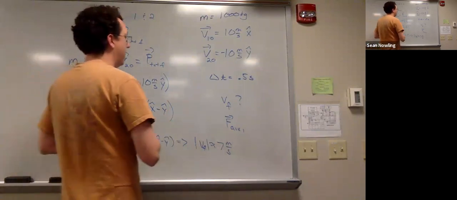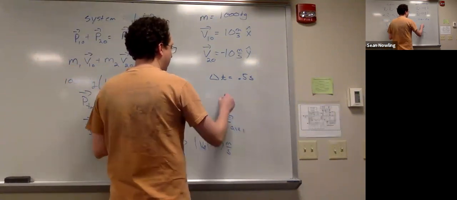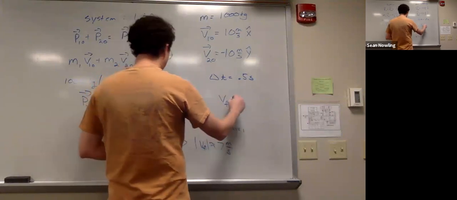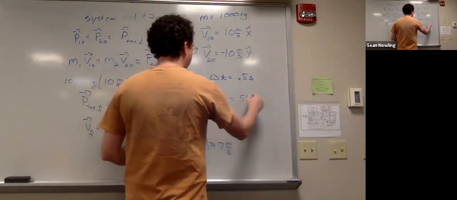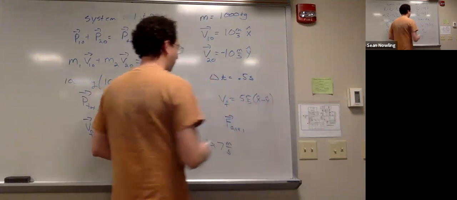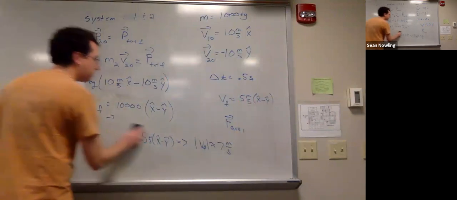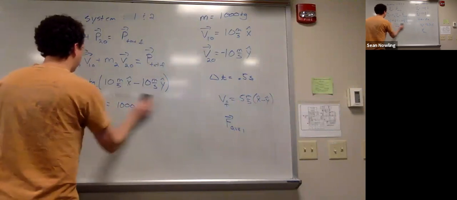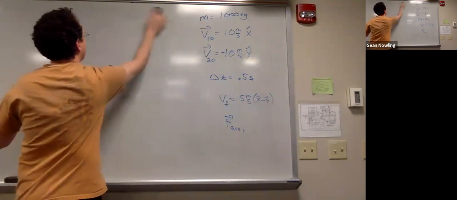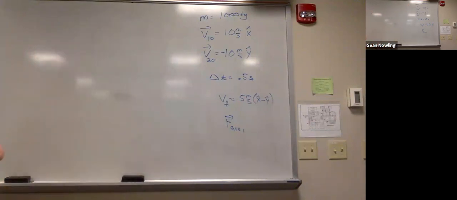I can add that to my knowns: the final velocity for both of them, because they're stuck together, is 5 meters per second times x hat minus y hat. Okay, that's for the final velocity.